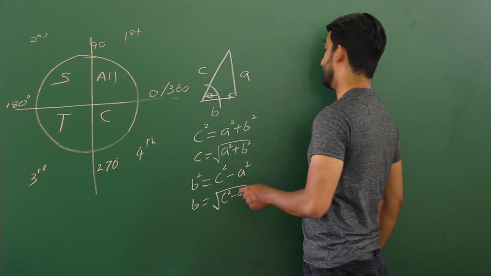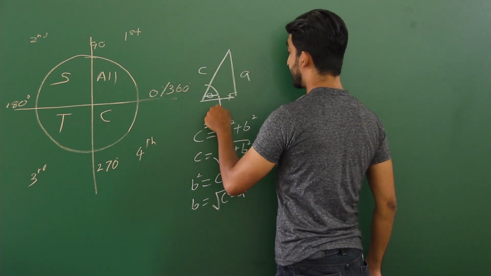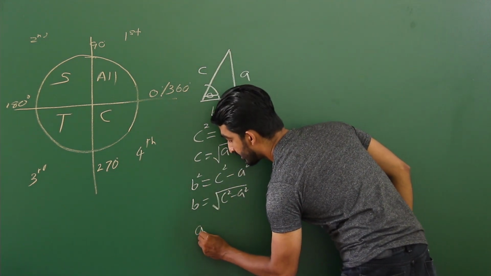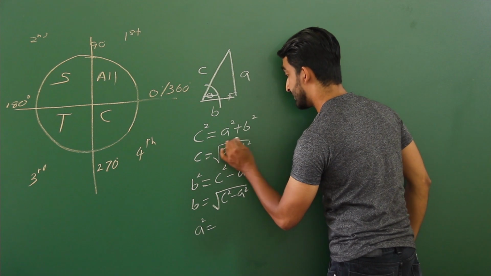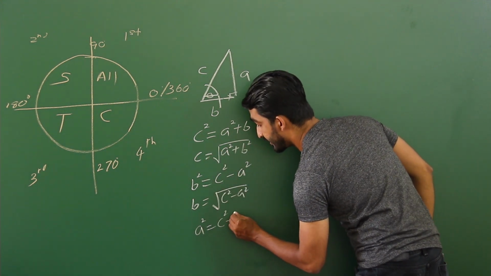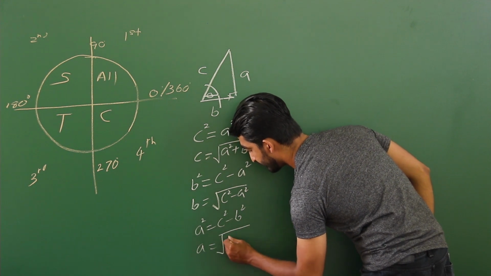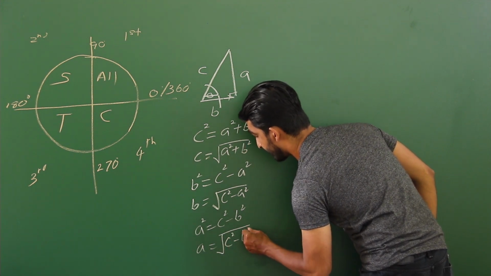When C and B are given and A is not given, A square equals C square minus B square, so A is the square root of C square minus B square.